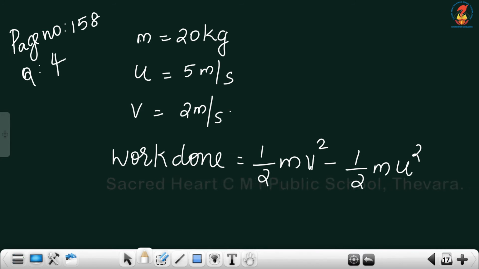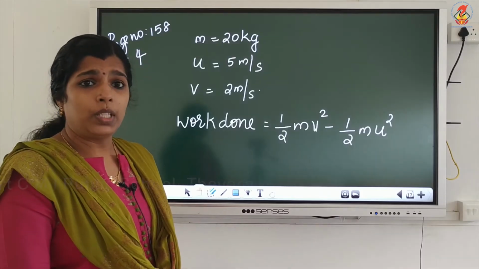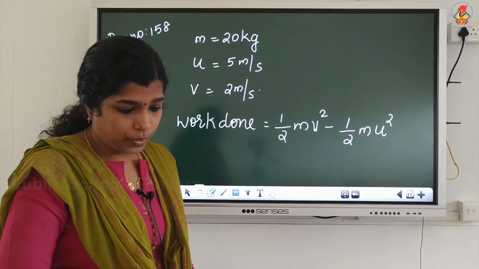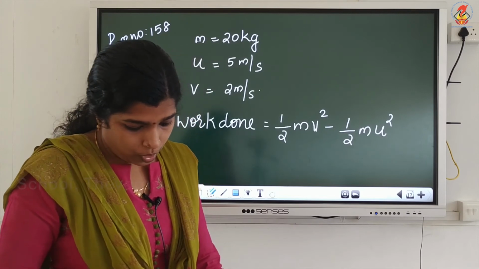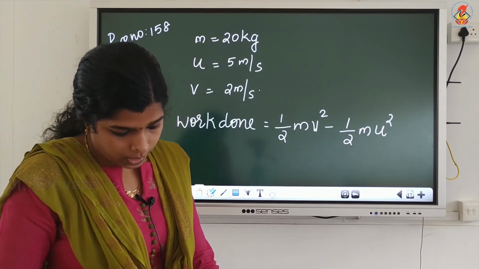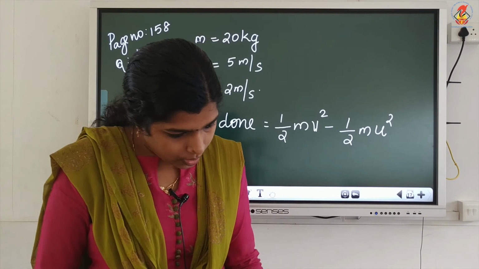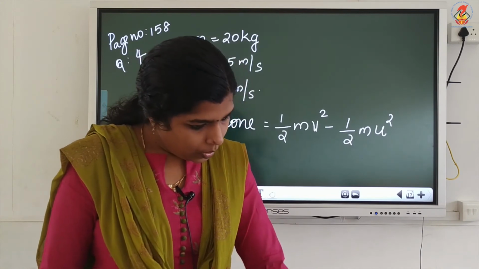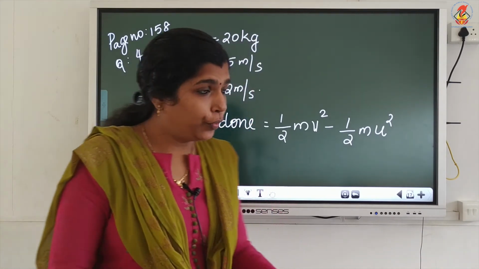Substitute in this equation and find the answer. It's simple, no need to convert the kilometer per hour to meter per second. It's given in meter per second itself. Okay, so you can find the answer. Next question is page number 152.